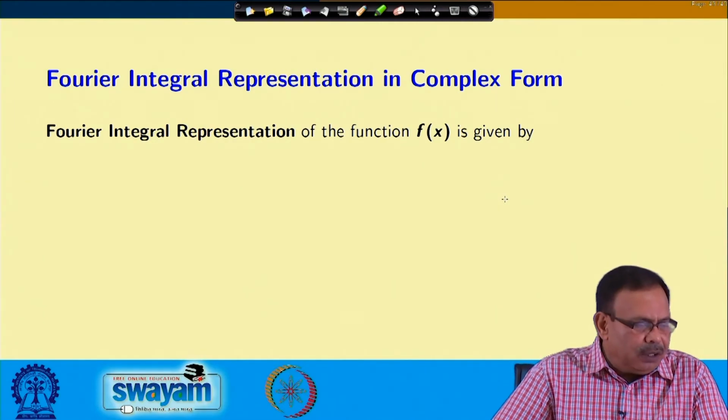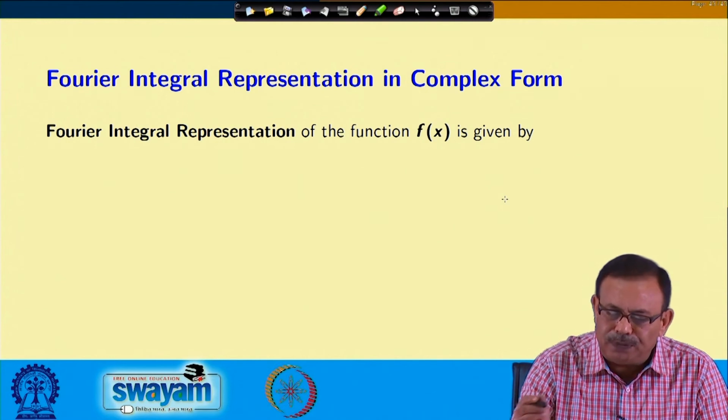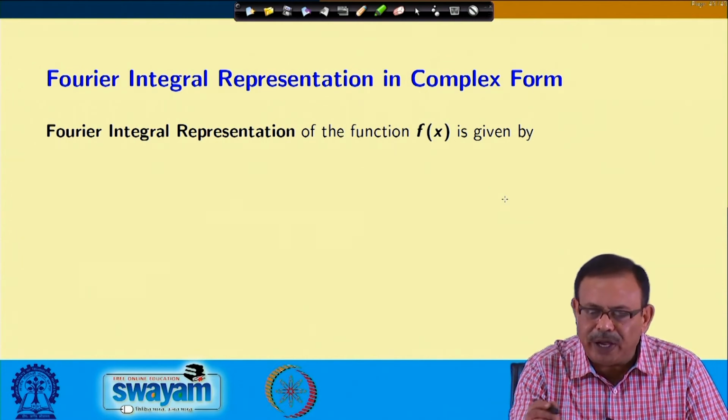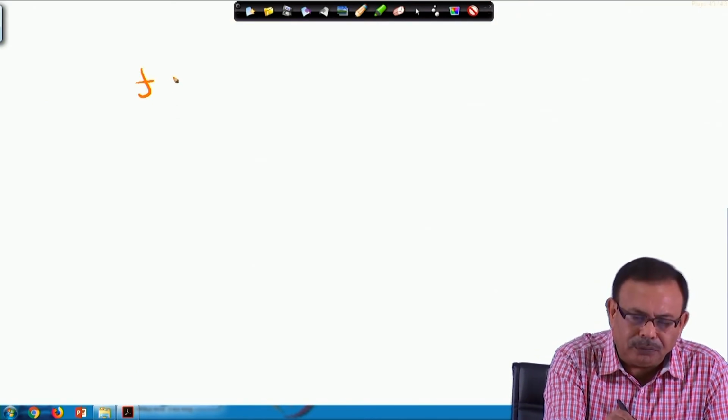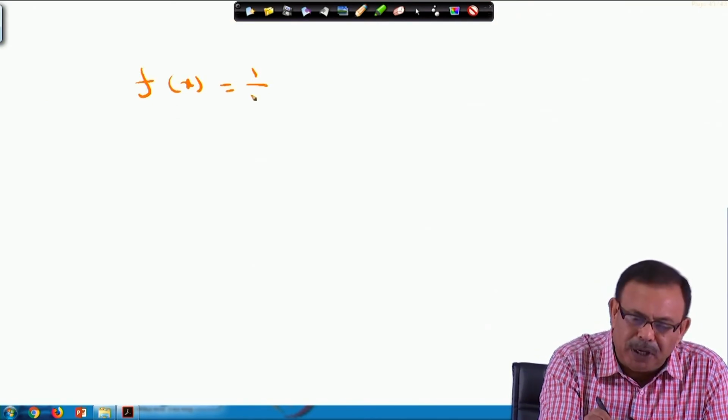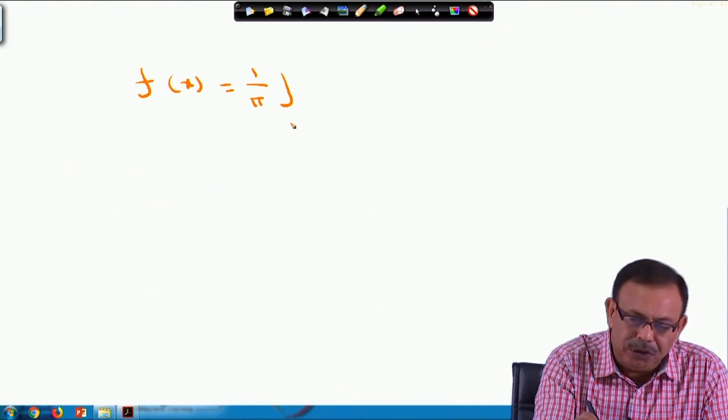So, the Fourier integral representation of the function f(x) you can write down like this: f(x) is 1 by pi integral from 0 to infinity.